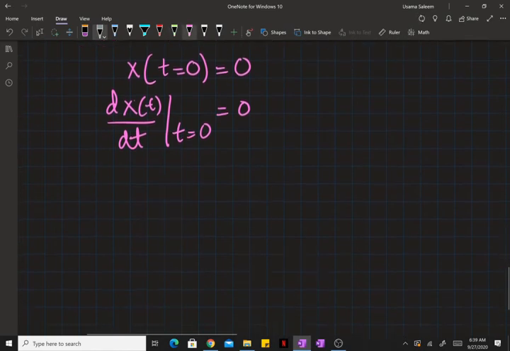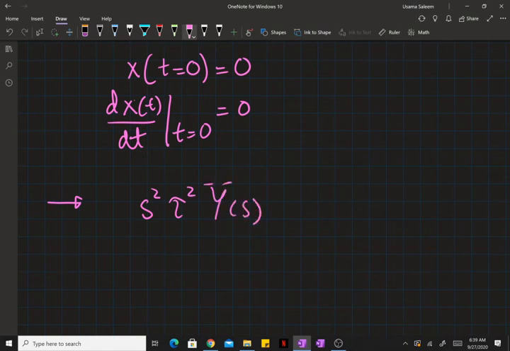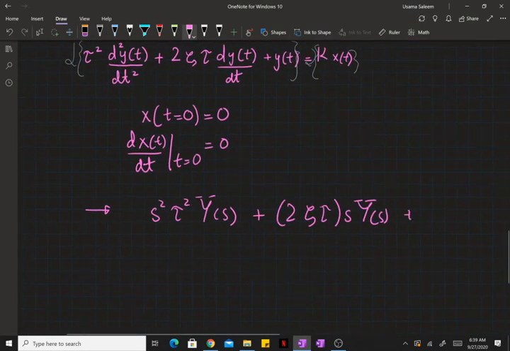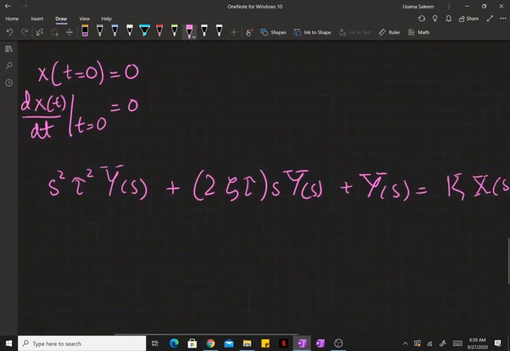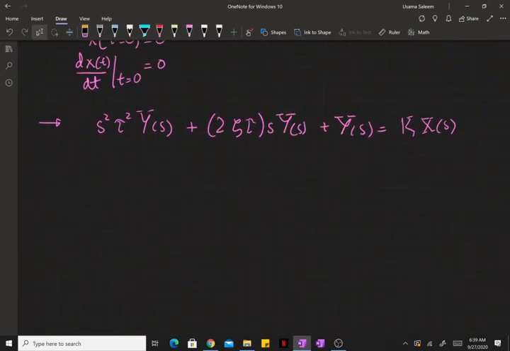gives the following result. You get s squared times tau squared y of s plus 2 eta tau times s y of s plus y of s equals k times x of s. Once again, a general Laplace transform of the forcing function, since we have no information how the input is going to behave.